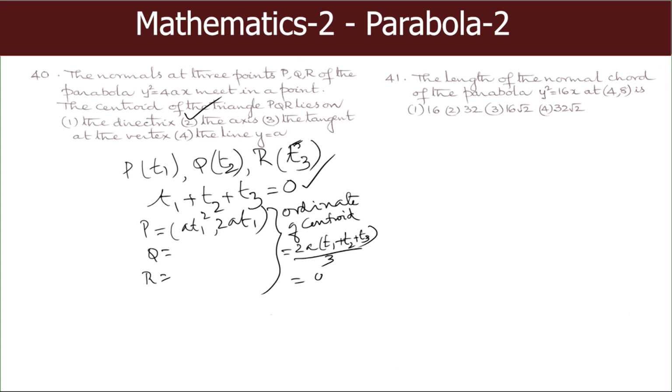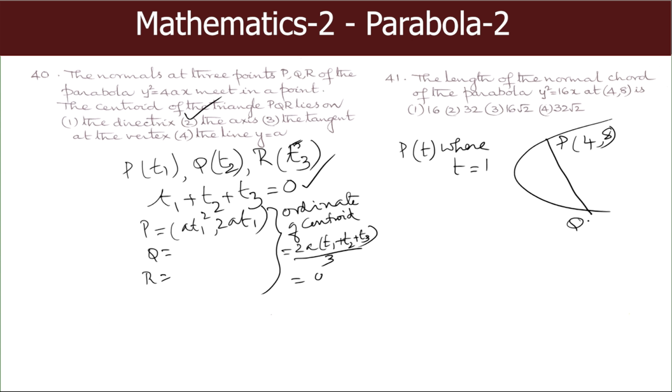The length of the normal chord of the parabola y square equal to 4x at (4, 8) is the normal chord. What is t here? (at², 2at): a is 1 here, 2at is 8, t equals 4... suppose this is Q at t dash.